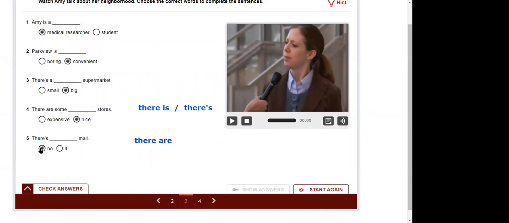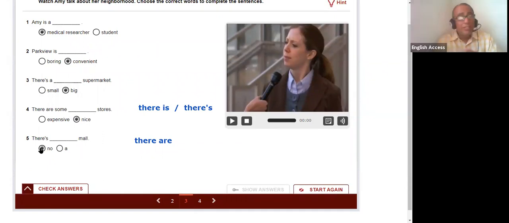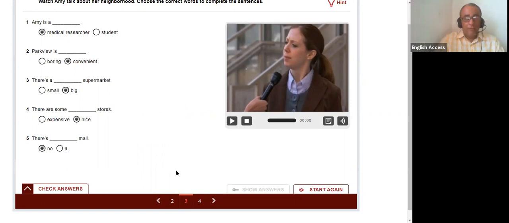This is a negative. Imagine that near your house there are no OXXOs. So you say, no, there are no OXXOs near my house. No hay OXXOs cerca de mi casa. So "there is" for affirmative, "there is no" for negative. "There are" for affirmative, "there are no" for negative.